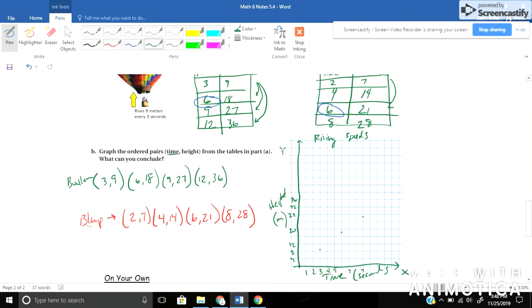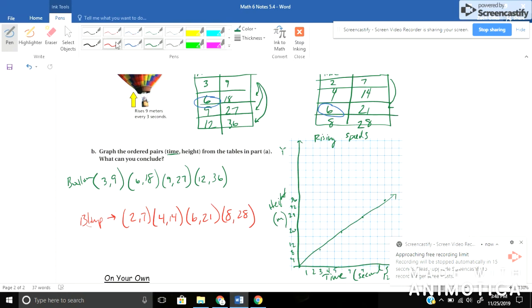Here's 28. Okay. And then 12, 36, 10, 11, 12, and then up to 36. Okay. And I started at 0. Connect my dots to the best of my ability here. Again, you could probably use a ruler.